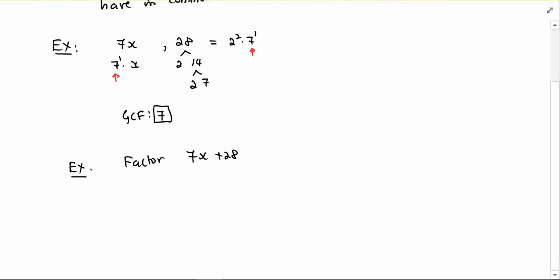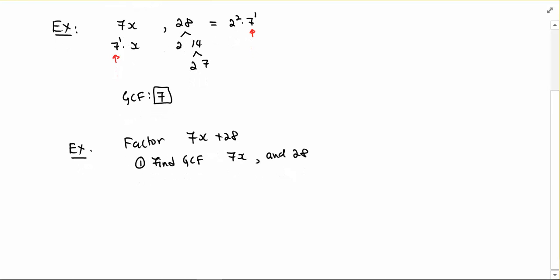If you had to factor this, the first thing you want to do is find the GCF between 7x and 28. And so when we break this apart, we write this as 7x and we write 28 as 2 squared and 7. And then we say, okay, so the GCF is the 7. So we identify the GCF. We did all this just right above in the previous example. So the GCF is 7.